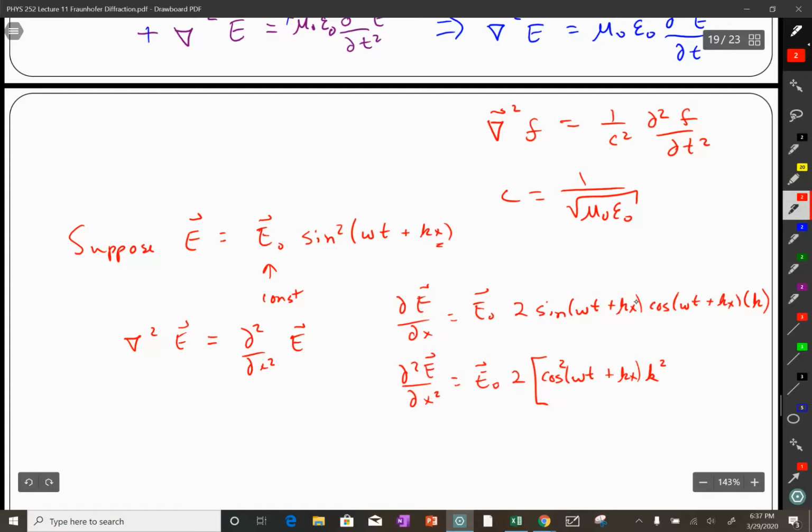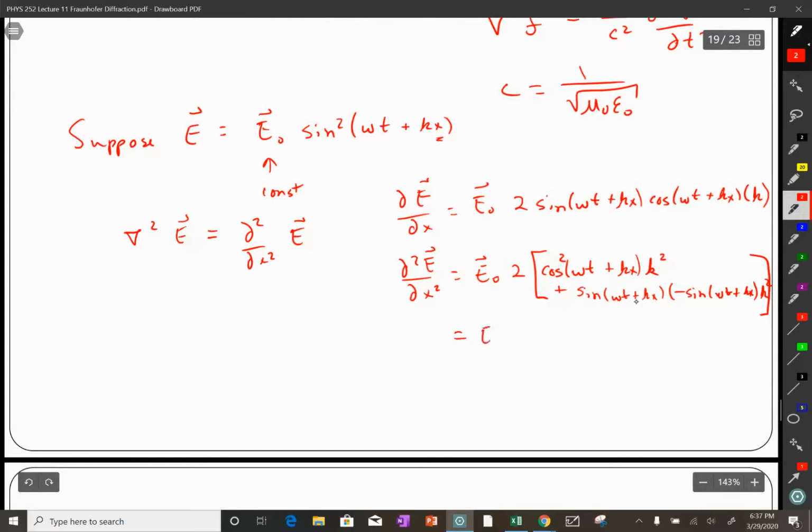And then plus sine of omega t plus kx times the derivative of cosine, which is minus sine of omega t plus kx, times k squared.